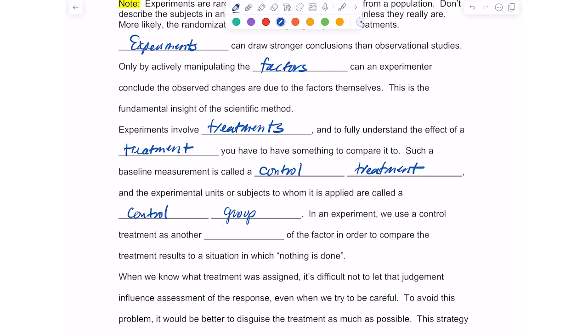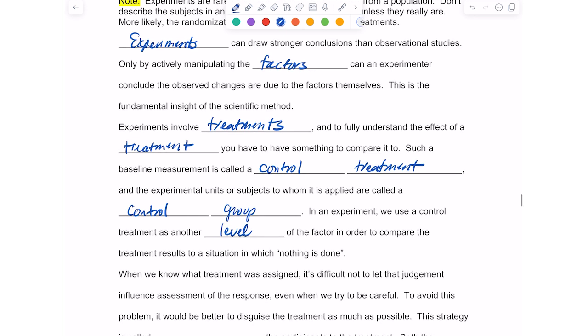In an experiment, we use a control treatment as another type of level of the factor in order to compare the treatment results to a situation in which nothing is done.